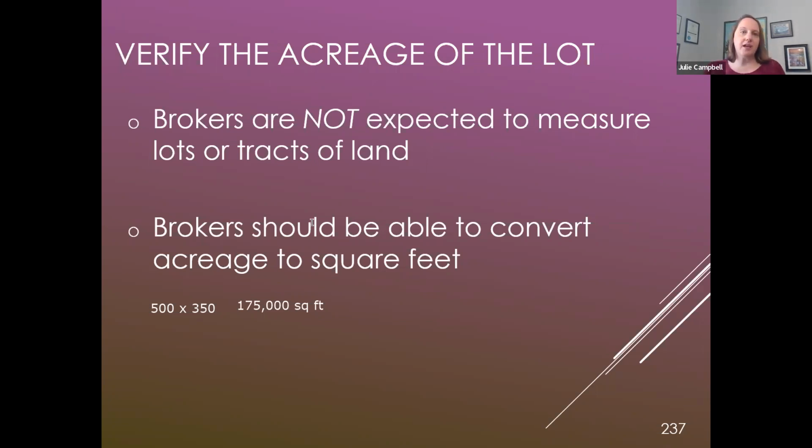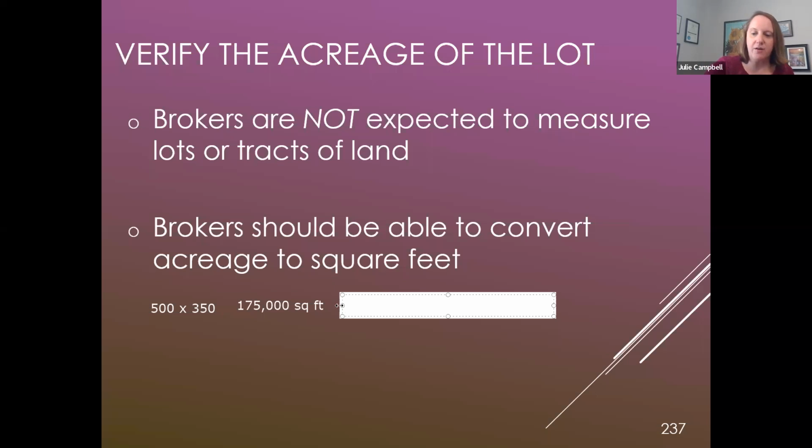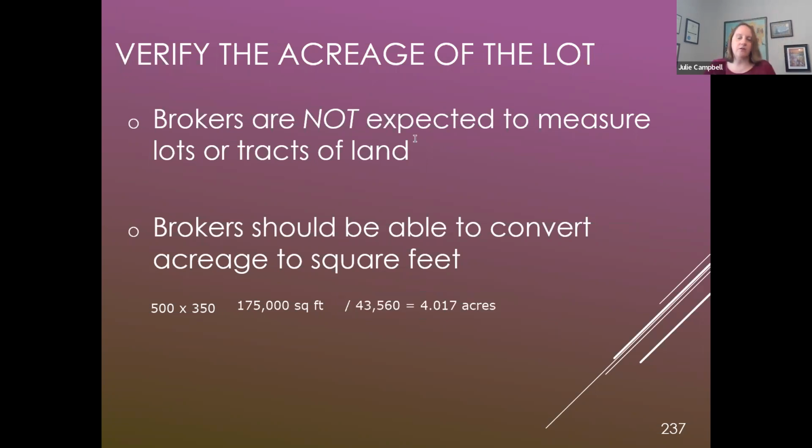If we were to take square feet and divide it by our magic number of 43,560, we get a little over 4 acres.